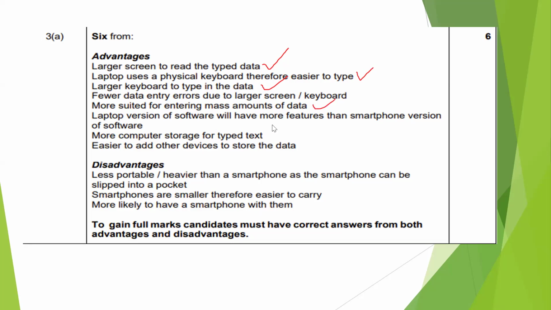Laptop version of software will have more features than smartphone version of software, like MS Word, Microsoft Office. More computer storage for typed text, easier to add other devices to store data. These are advantages. From here you can write three.